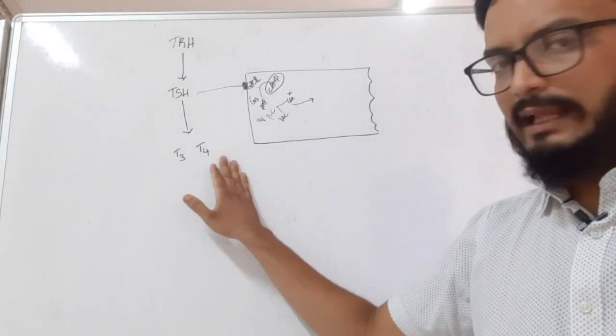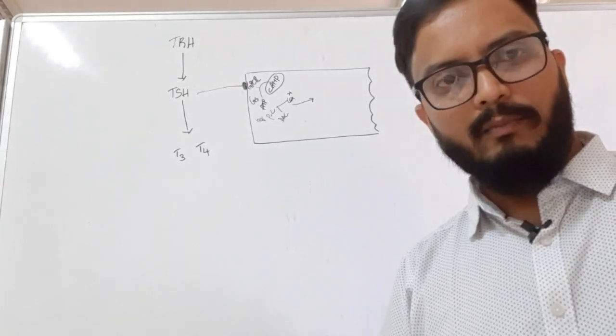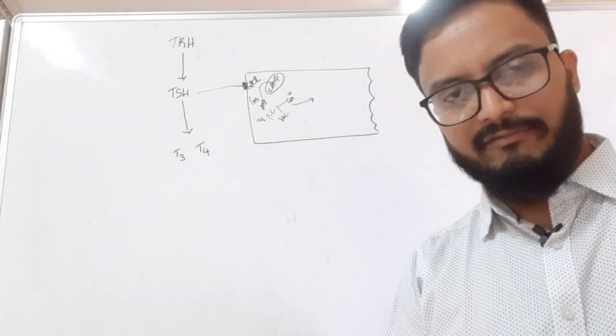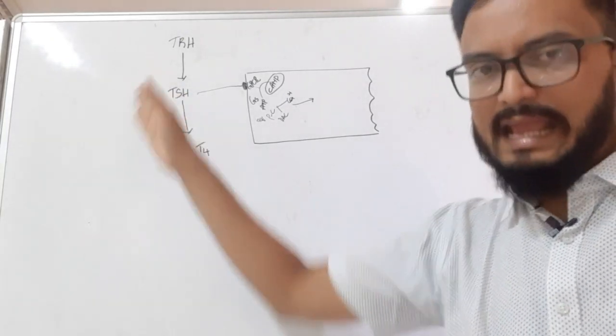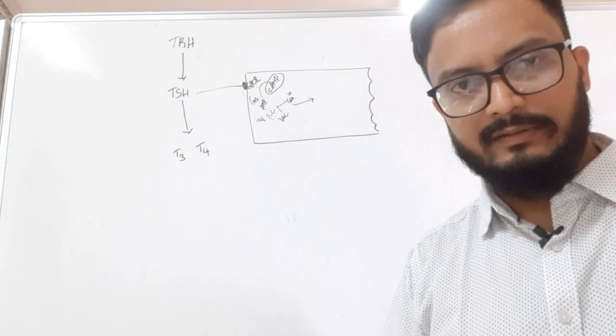And T3 and T4, that is free T3 and T4, which is unbound, can also have its effect on the production of TSH from the anterior pituitary or the TRH from the hypothalamus.